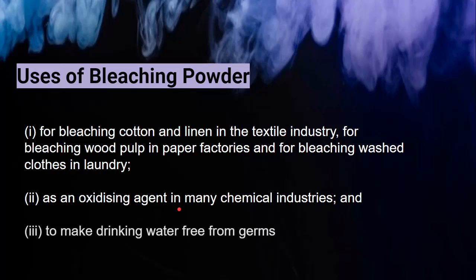And the third, to make drinking water free from germs. If we want clean drinking water without any germs, we can use bleaching powder. So these are the uses of bleaching powder.